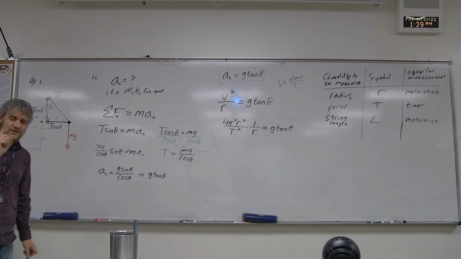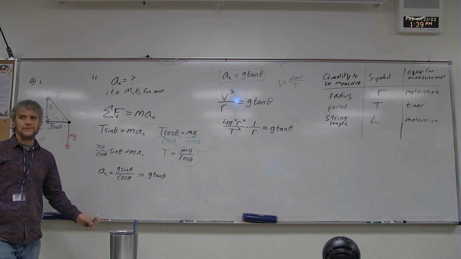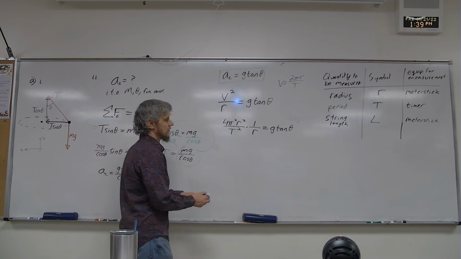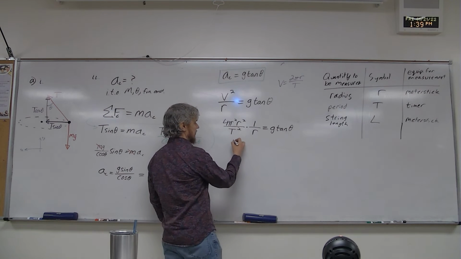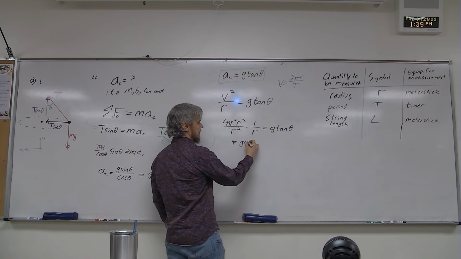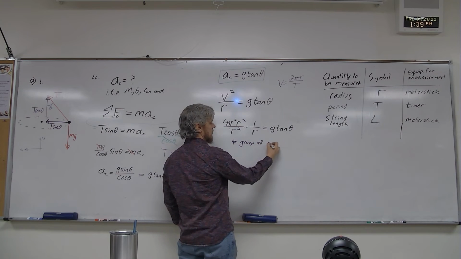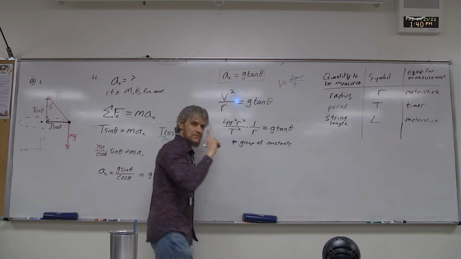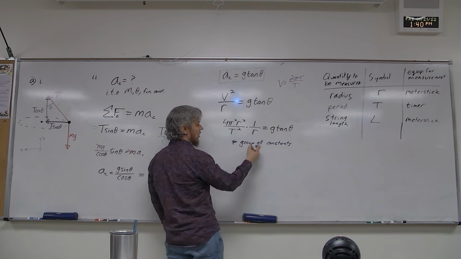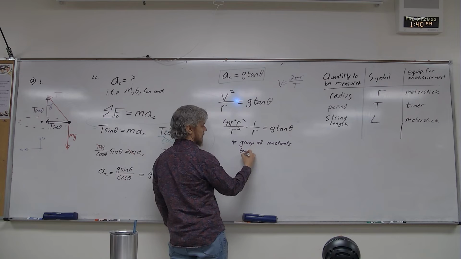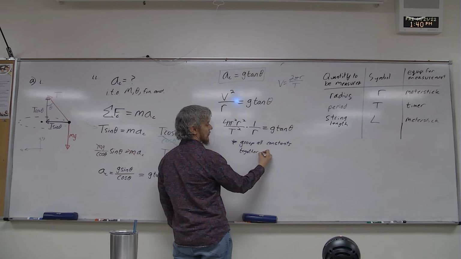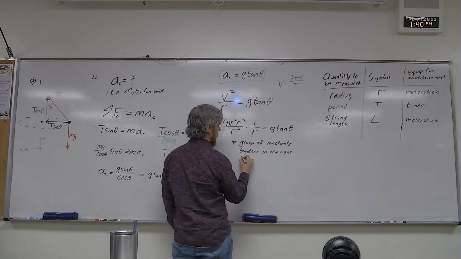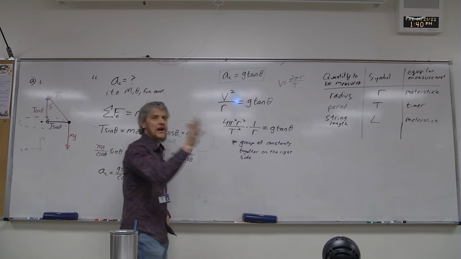Now, the answer to this question can be stated in many different ways. I prefer to group all constants, and you'll see why. There's a point to this, I'm telling you. Group all constants together, and I would say on the right side. And all the things that vary, you can leave them where they are.